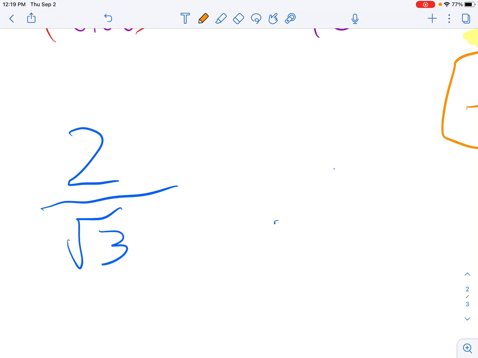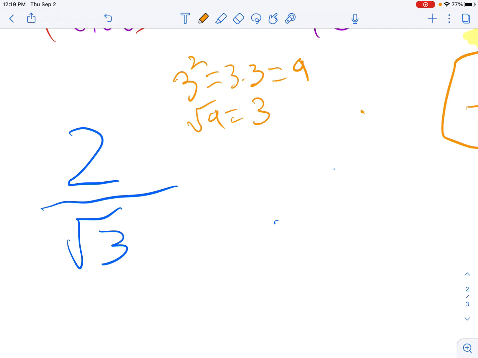So the question we have to think about is, how do I get rid of this square root sign in my denominator? I want you to think about the opposite of exponents. Like 3 squared equals 3 times 3, which equals 9. However, the square root of 9 equals 3.